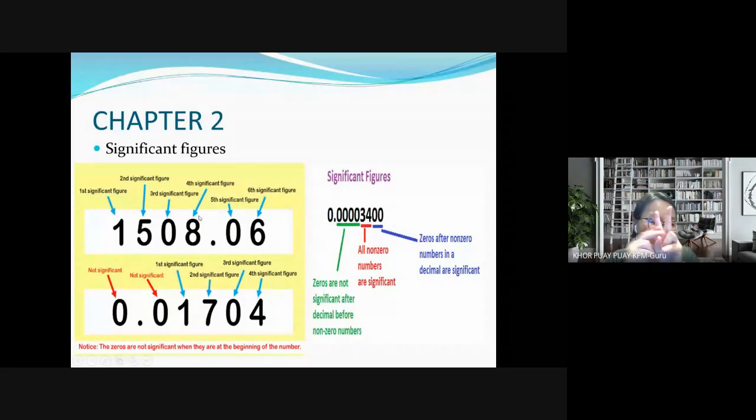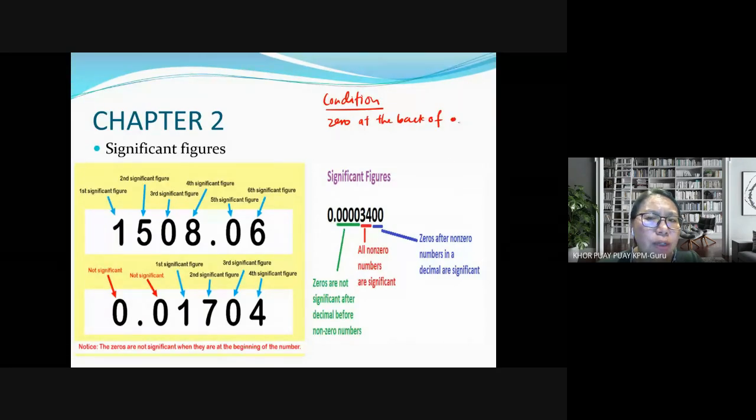As long as it fulfills these 2 conditions, ada 2 syarat: the 0 is at the back of a decimal point, titik, and at the back of a number. You see, this 0 is at the back of 8, right? And it's at the back of a point. So as long as you have these 2 conditions, your 0 is counted as significant.